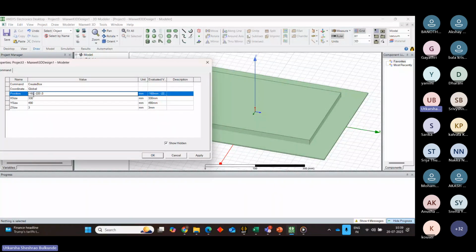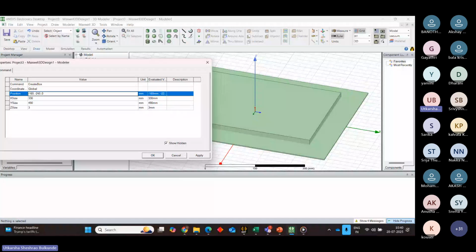For position, because I want to centralize my block, I'll just keep here 165, then 490 divided, minus 245.